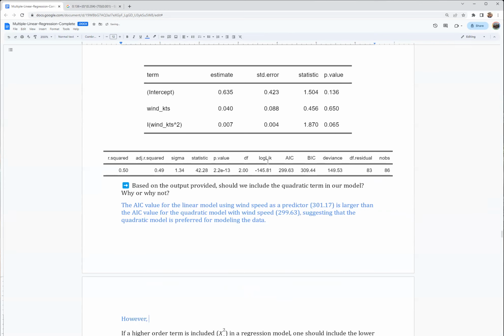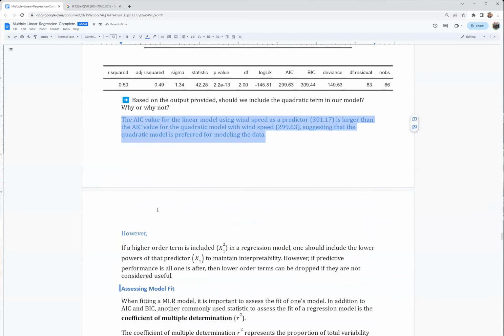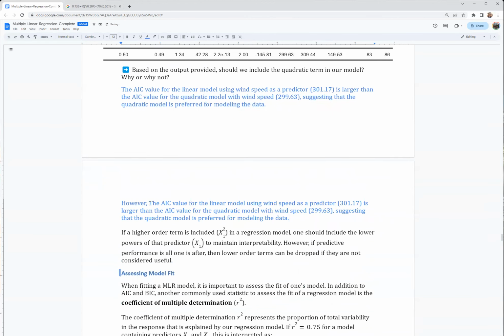However, okay, let's talk about the BIC values. So however, the BIC value is smaller, suggesting that the linear model is preferred.